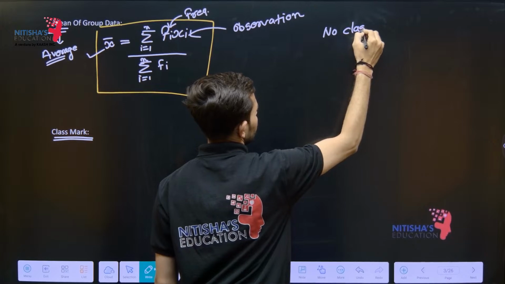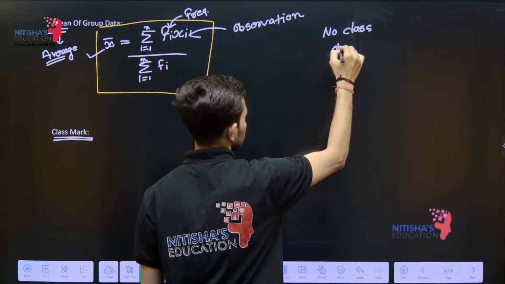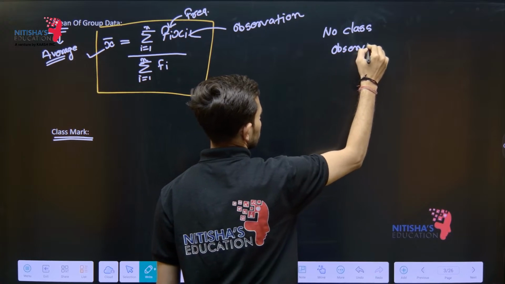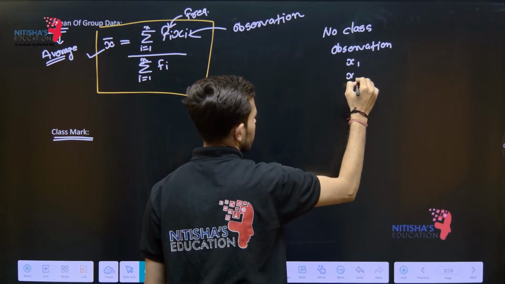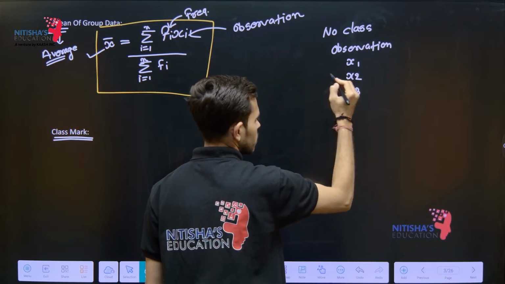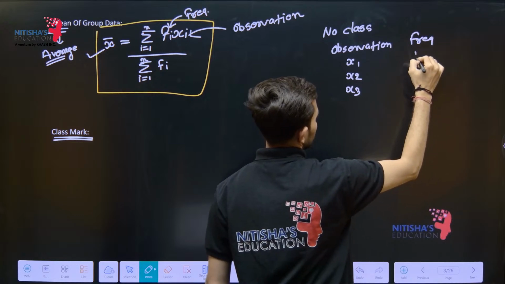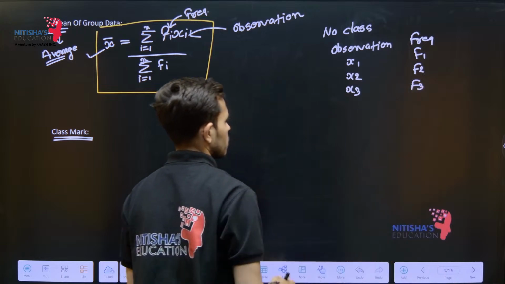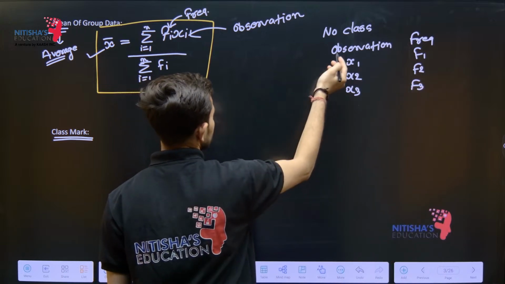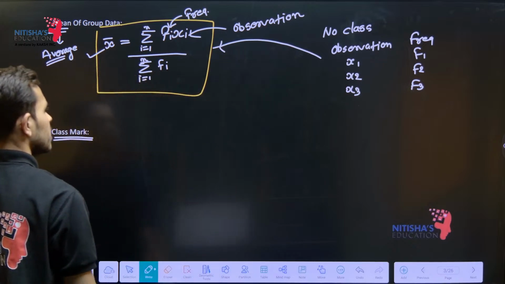It means we are directly provided with the observations like x1, x2, x3, and we have frequencies f1, f2, f3, right? So in this case we can directly use this equation to find out the mean.